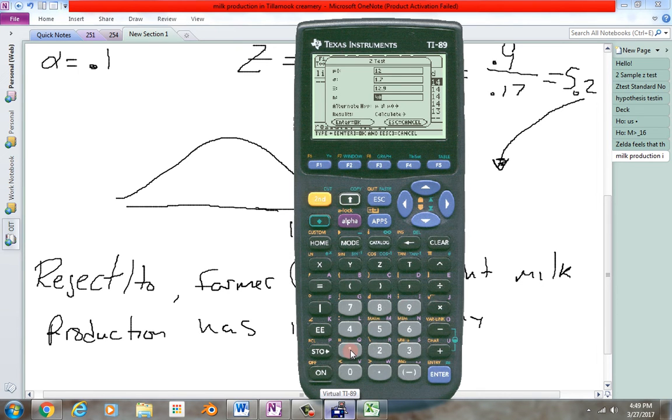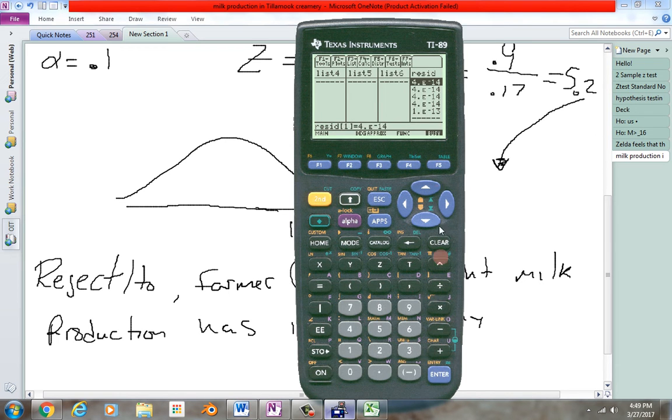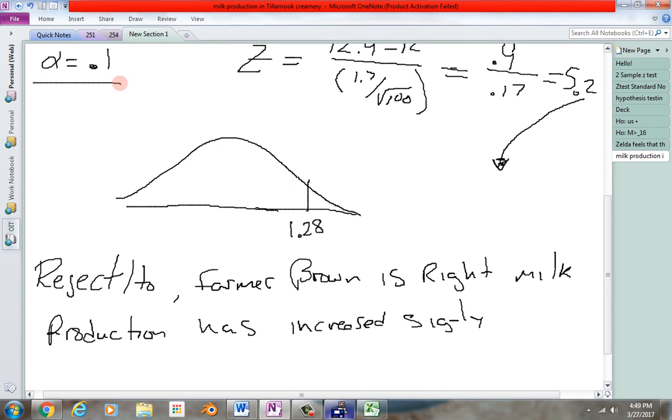And 100. And this is an upper tail test, so you want to make sure you select the upper tail. And then hit enter. And you see 5.28, that's what we got, or 5.29, I forget what it was. But the probability of that happening is 5.99 e minus 8, which is a lot less than 0.1. So I'm rejecting H naught. Okay, that's how these things will work.